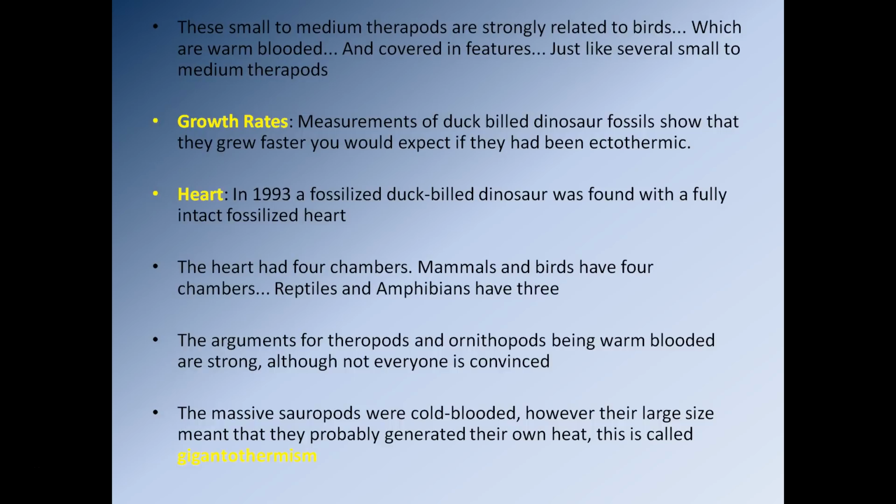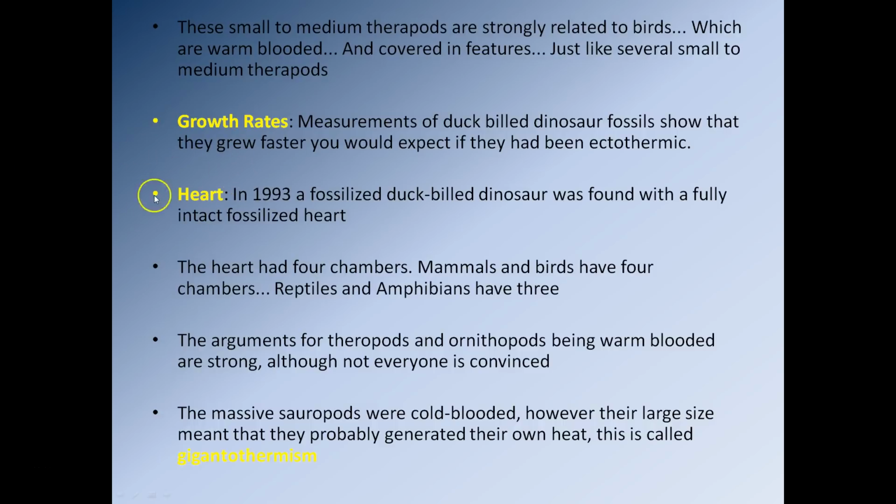In contrast, cold-blooded animals take a lot longer to liberate that energy, and so they don't grow as fast. So warm-blooded animals will tend to grow considerably faster, and the evidence from the bones of some of these ornithopod dinosaurs suggests that they were growing extremely quickly.